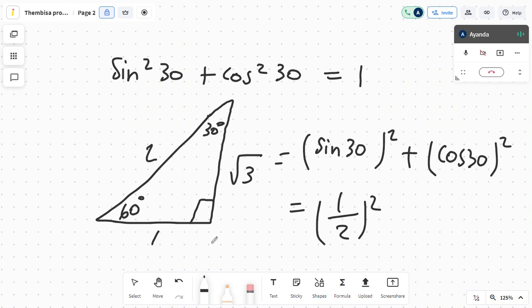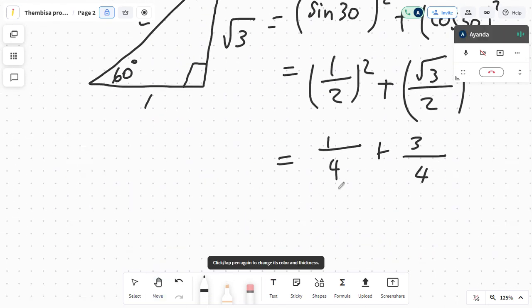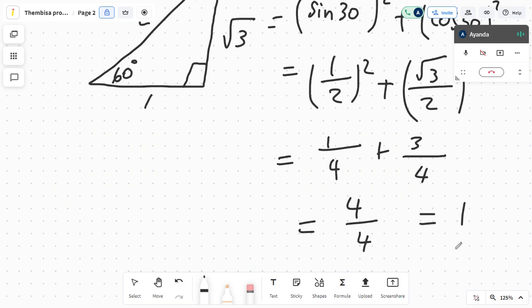So for 30, adjacent is square root 3, hypotenuse is 2, plus square root 3 over 2 squared. 1 squared is just 1, 2 squared is 4, plus square root 3 squared gives us 3, and 2 squared gives us 4. And we can just add these together since the denominator is the same. 1 plus 3 is 4 over 4, and that equals 1. Done.